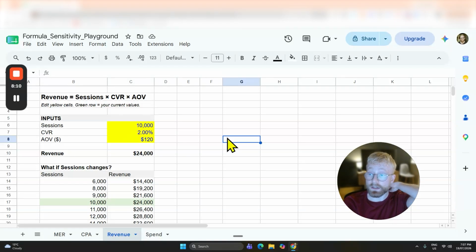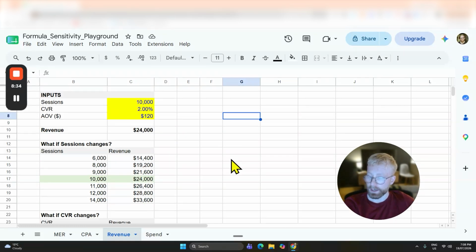So revenue equals sessions times conversion rate times average order value. So if you just double your sessions and CVR and average order value stay the same, which is unfortunately not the case typically in practice, but if it does happen and you double your sessions to 20,000, right, well, then your revenue is obviously going to double, right?